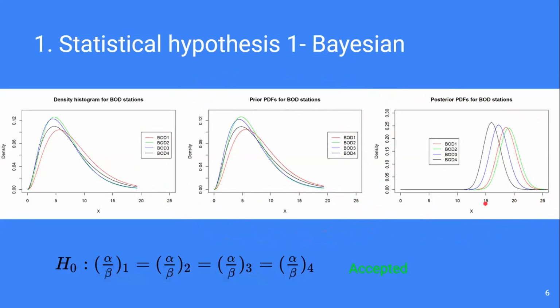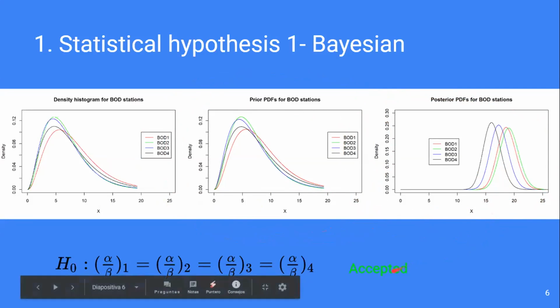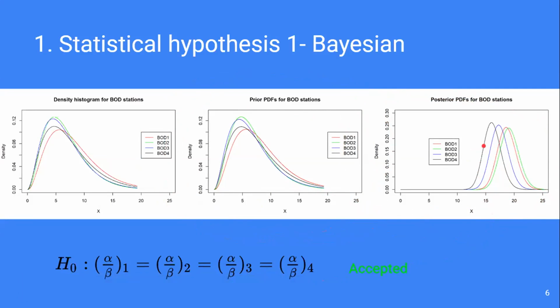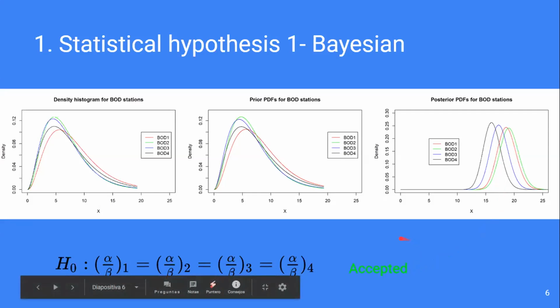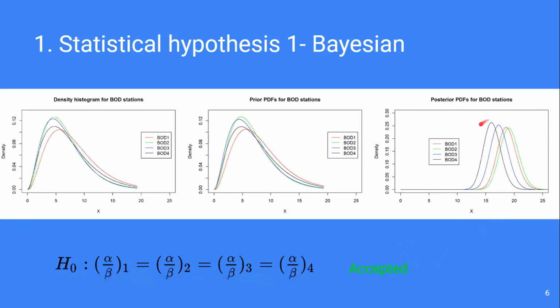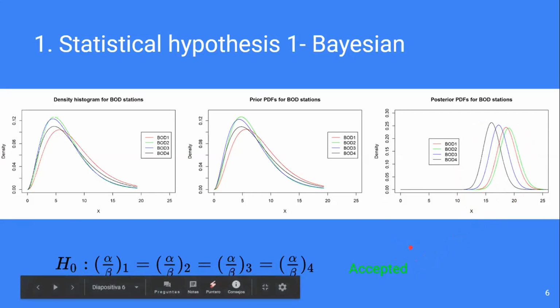In this, as we saw in class, we are seeking to find if these curves overlap each other. Since there is an overlapping, this means, or could mean, that the mean BOD value of each station is the same. So in this case, we accept the null hypothesis, which is that there is no significant difference between the mean value of the BOD variable among the stations.